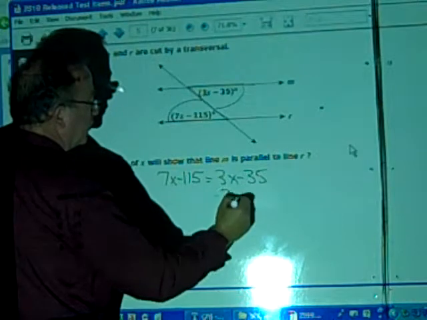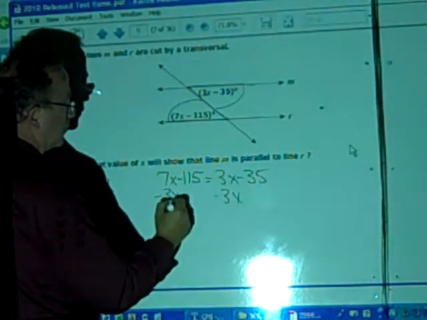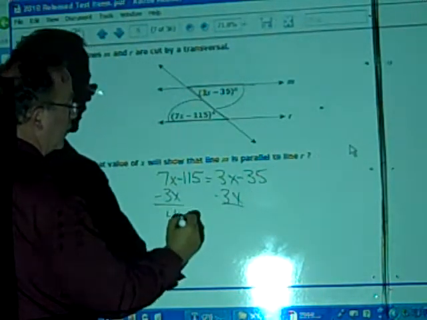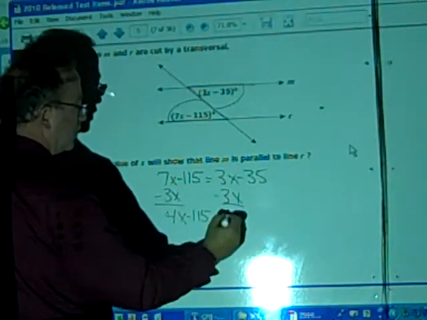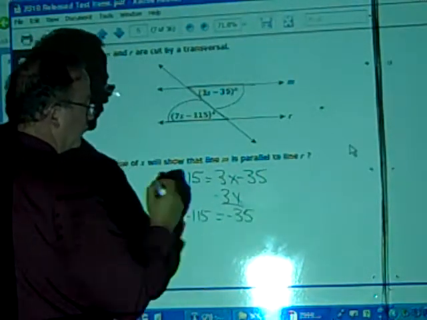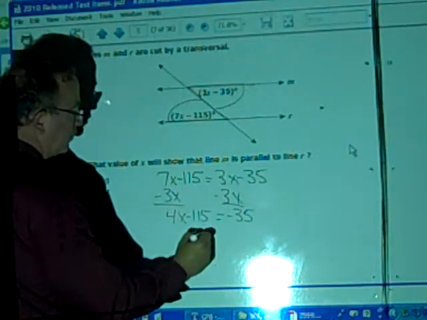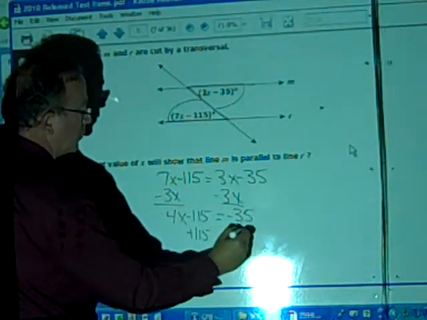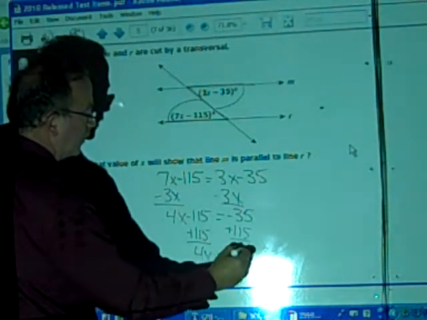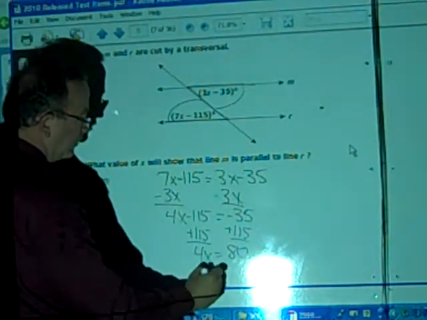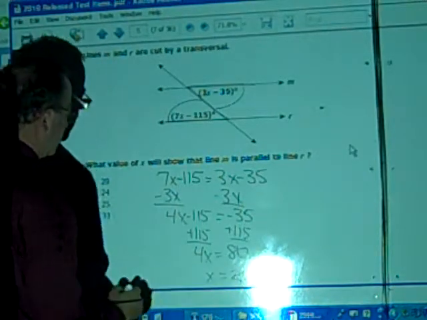We're going to subtract 3x from both sides. That gives us 4x minus 115 equals negative 35. We're going to add 115 to both sides. That gives us 4x equals 80. Divide both sides by 4, it gives us x equals 20.